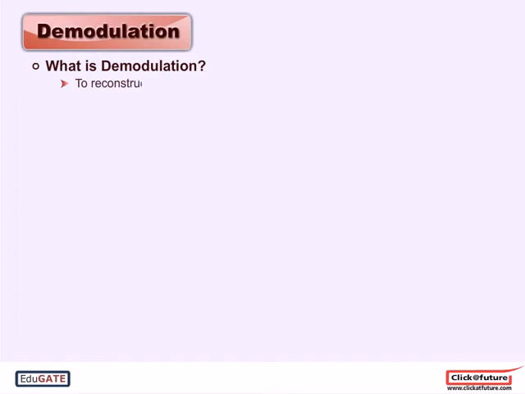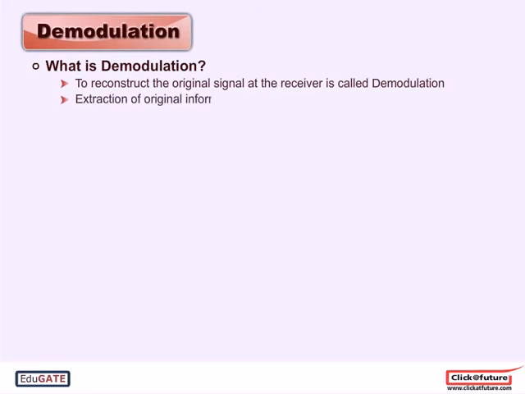Now let's discuss various types of modulation. Modulation is mainly divided into two parts, that is, continuous modulation and pulse modulation. Continuous modulation is again divided into two types, that is, amplitude modulation and angle modulation.